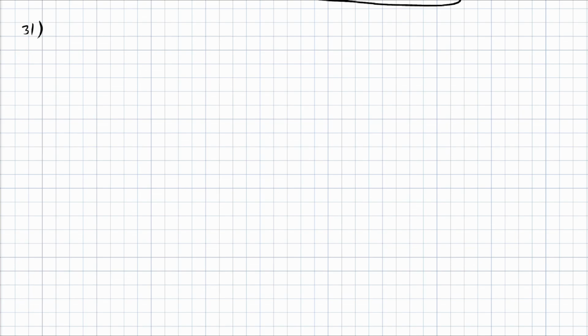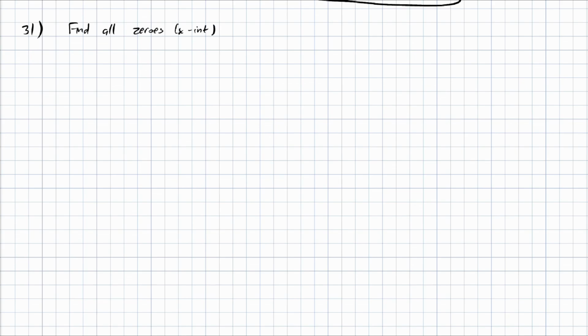Let's keep going. Find all zeros, horizontal and vertical asymptotes. Okay, all zeros means all x-intercepts.